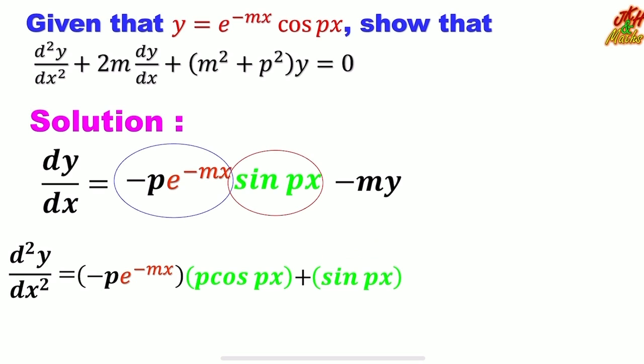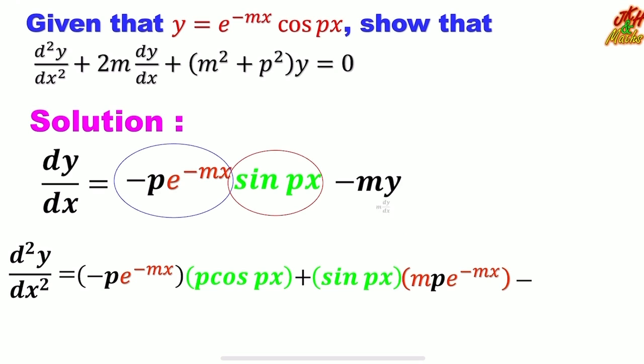Then we differentiate the term in the blue oval, which is negative p e to the power of negative mx, with respect to x, giving us mp e raised to the power of negative mx. Why? Because when we differentiate the power of the exponential with respect to x, we have negative m. Negative m will multiply with negative p, giving us positive mp. Then we multiply with e raised to the power of negative mx.